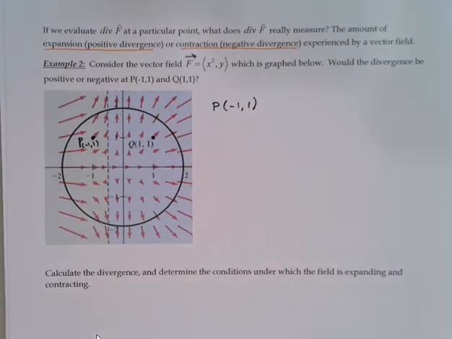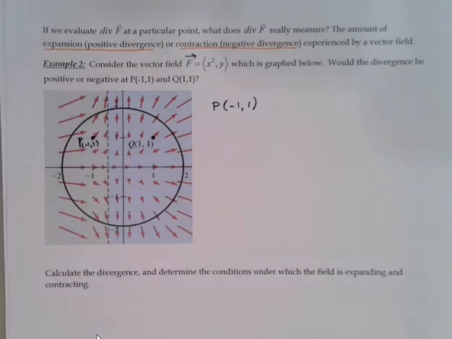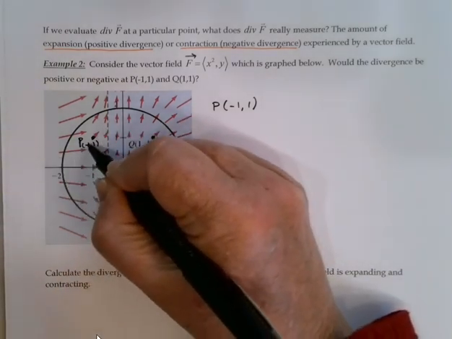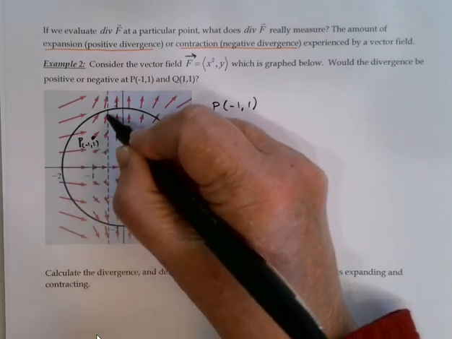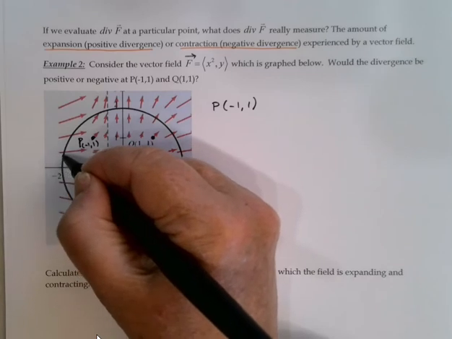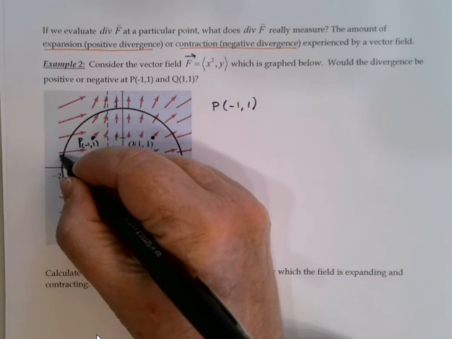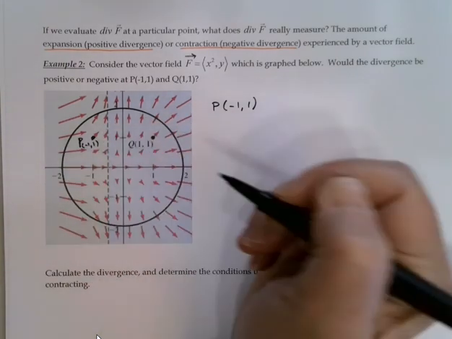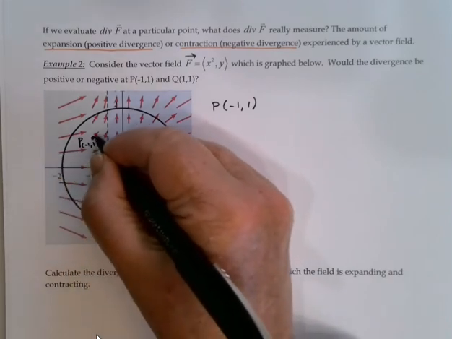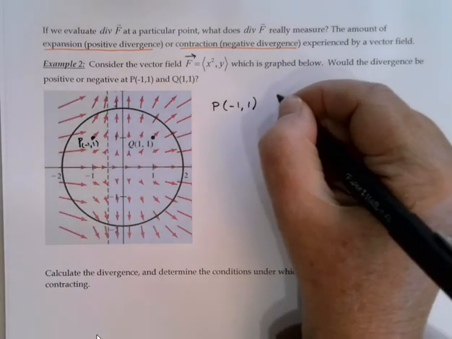All right. Well, what you want to imagine is, think about P here. And if you're moving with the vector field, so I'm kind of coming from the left and moving toward the right, just imagine being carried along by that vector field, almost as if it's a velocity field and it's like a current in the water carrying you along. What I'm hoping you're seeing is that as you move through P, the magnitude of the vectors is getting smaller, right? We had a larger vector here, a little shorter here, and a little shorter yet here. So the vectors are decreasing in magnitude.